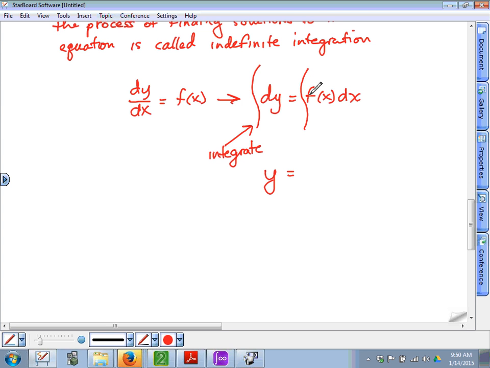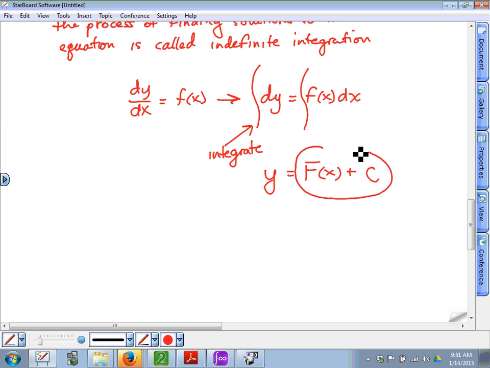The integral of little f is capital F of x plus. What did we always add to the end of the general solution? C. Well, the dx was just that change in x that came from over here. You'll see after we do this that that has no bearing really on capital F of x after we do some specific examples.